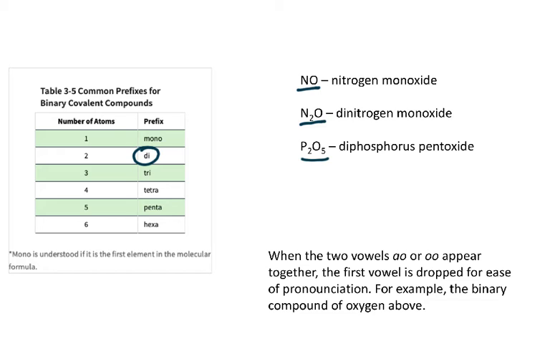And O5, so pentaoxide or pentoxide. Notice when the two vowels were to make like AO, like pentaoxide or monoxide, the first vowel is dropped just for pronouncing. So the binary compound of oxygen above, monoxide, pentoxide, right?